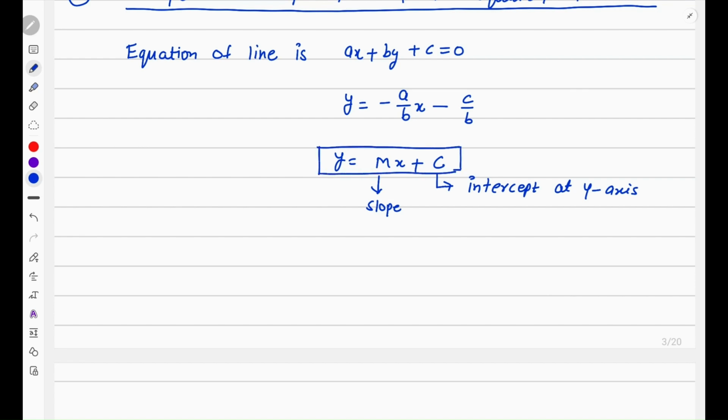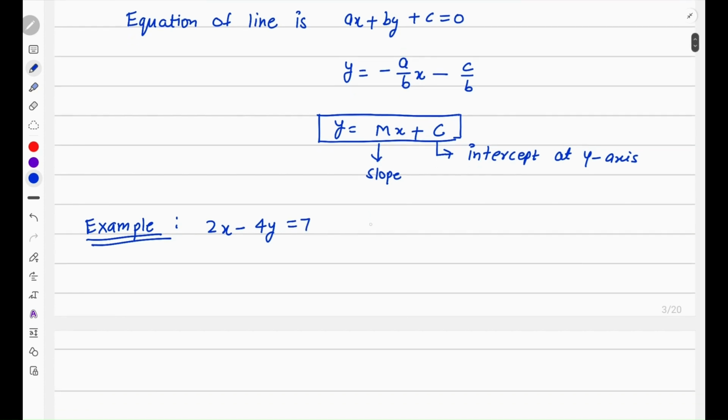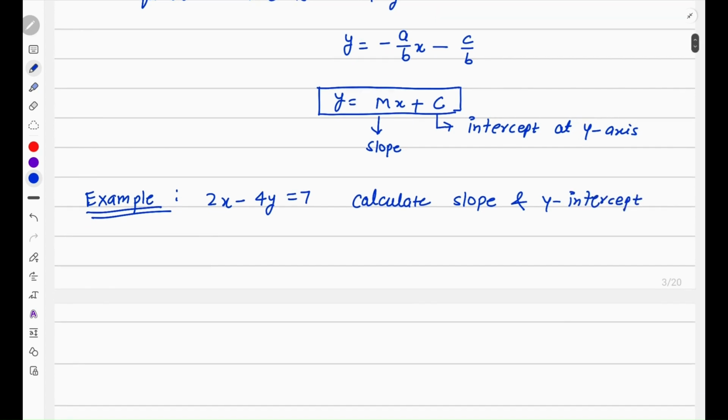So if we have an example, we have the equation 2x minus 4y is equal to 7 and we have to calculate the slope and y-intercept. What can we do?